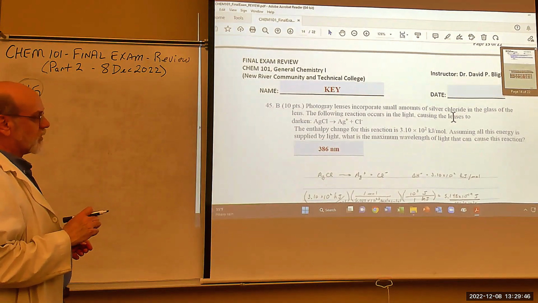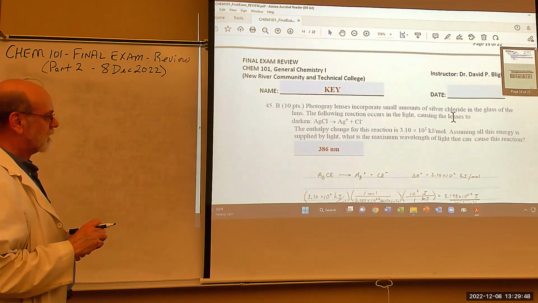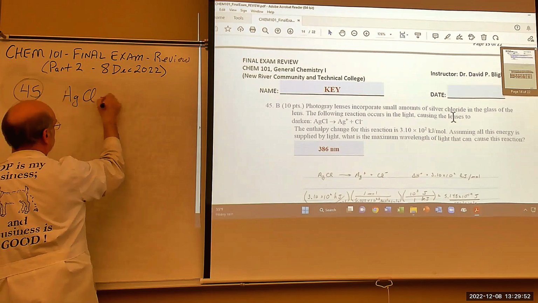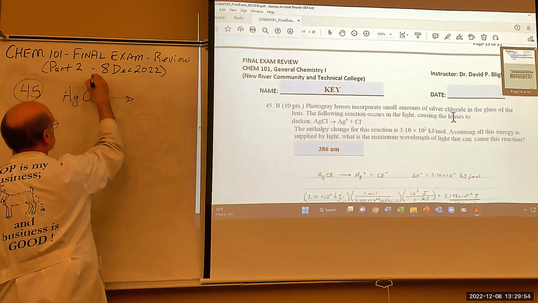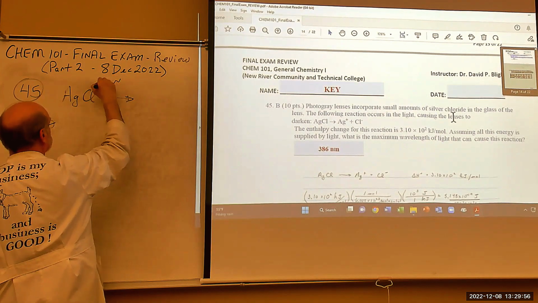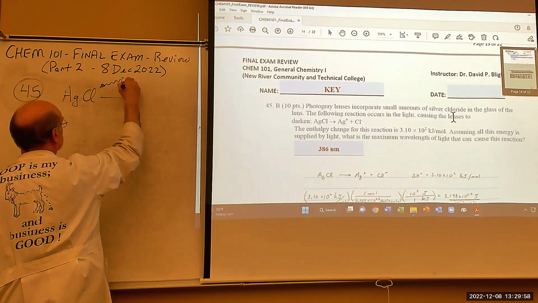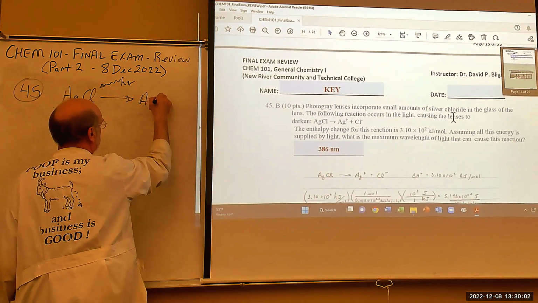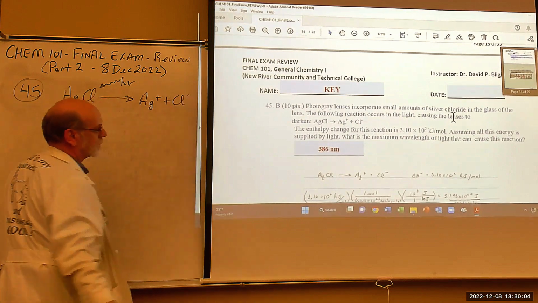Okay, the following reaction occurs when light hits it. So we get this reaction. And what we need is energy, and we get silver and chloride.